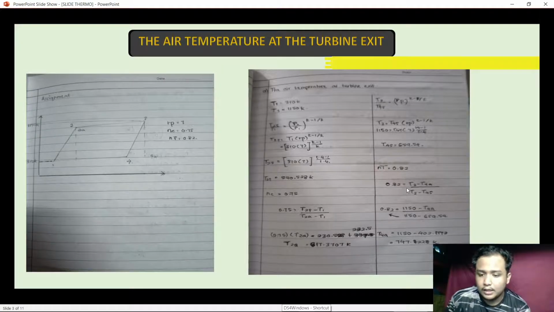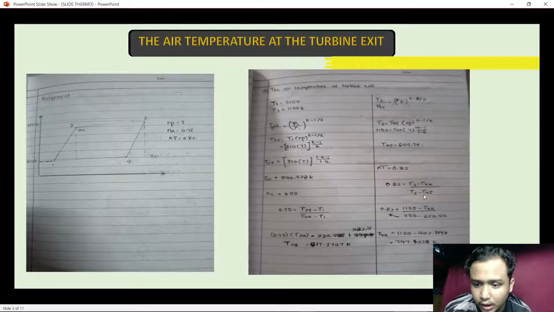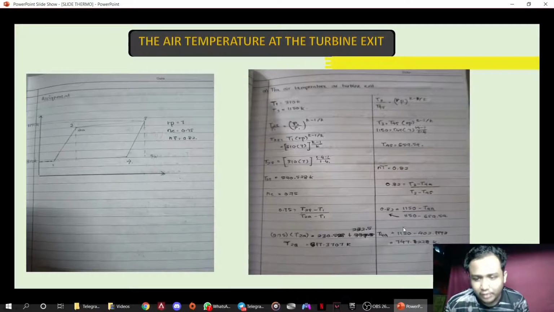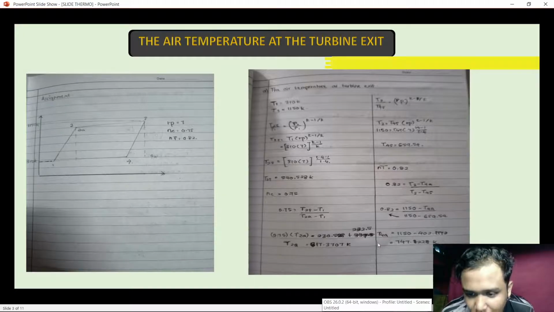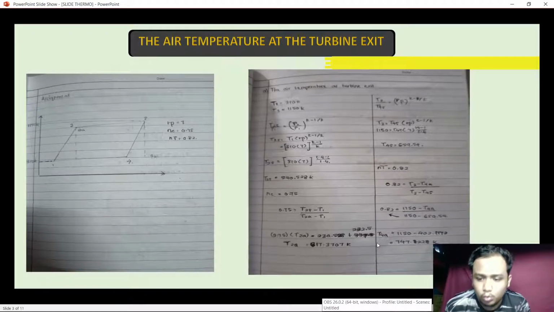So lastly, we have to find the T4a using the turbine efficiency, which is T3 minus T4a over T3 minus T4s. So we put the value in this formula and we get the T4a is 747.8228 Kelvin.